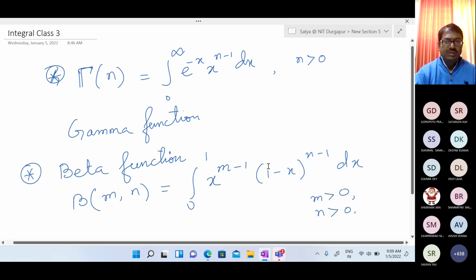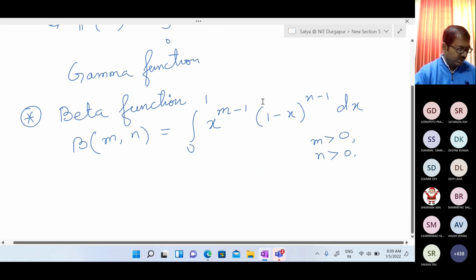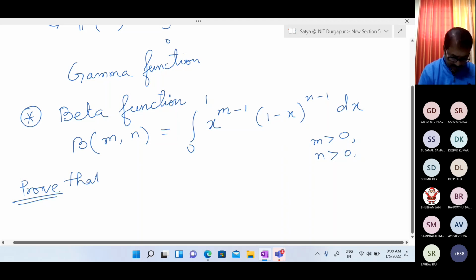So first we prove that the integration over 0 to infinity of e to the power minus at, t to the power n minus 1 dt equals gamma n over a to the power n.